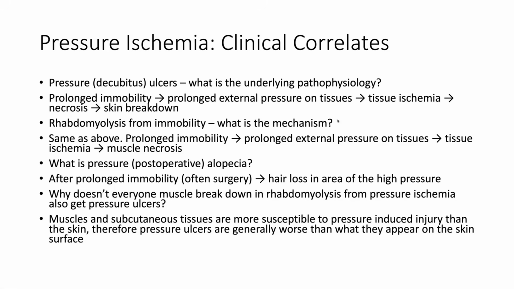Whereas if you're getting a pressure ulcer, for example, like the skilled nursing facility grandpa who is on there for 3 days and hasn't moved, you have direct pressure onto the skin itself, so you're getting ischemia all the way from the surface of the skin deep down to the bone, correct? True, but that doesn't explain why you would have muscle and not skin.